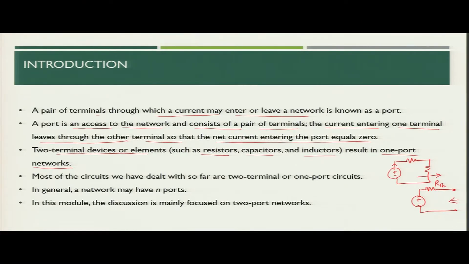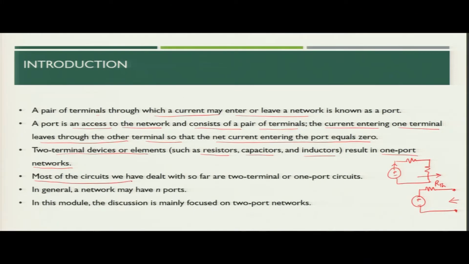So, here you will see that the circuit is having two terminals. These kinds of circuits are called a one port network, because here we see only two terminals and two terminals correspond to one single port.